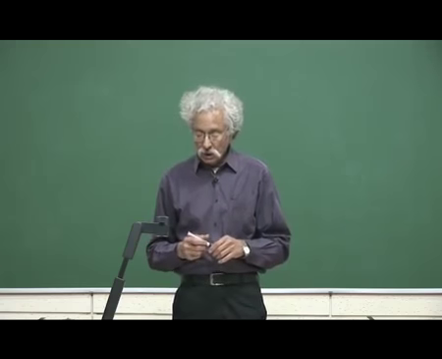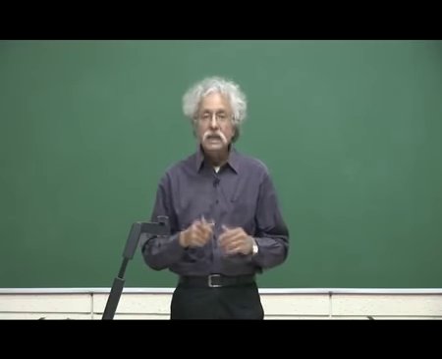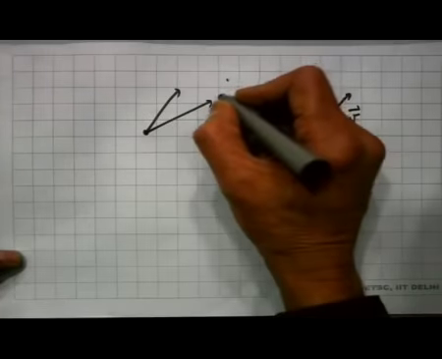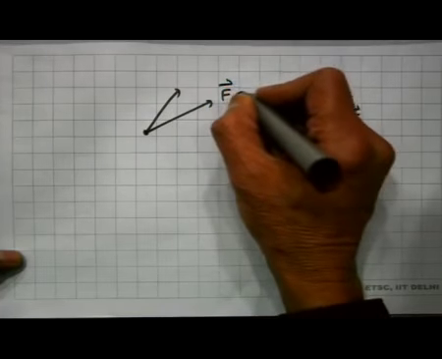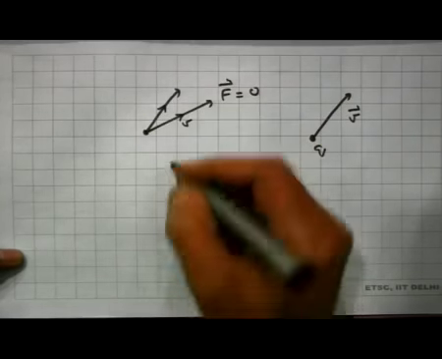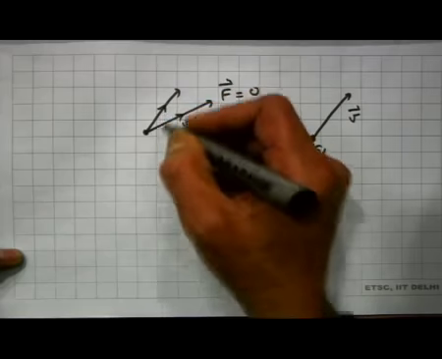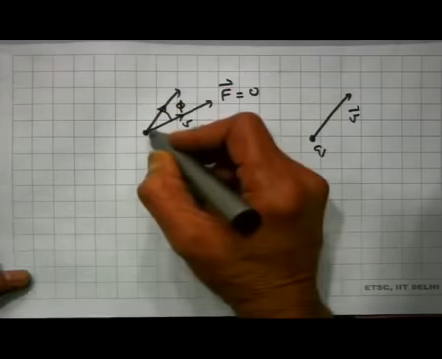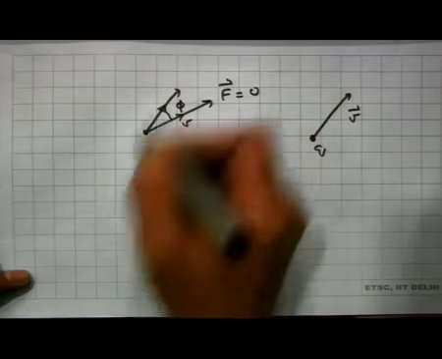If I move the charge along any other direction, then there is a force acting on it, and that force depends on the angle phi between the direction in which I have zero force and the direction of motion, the velocity.